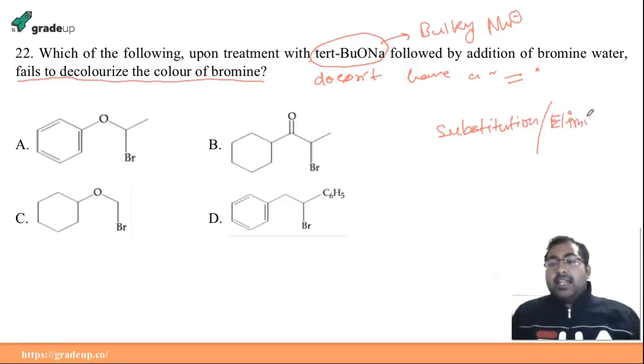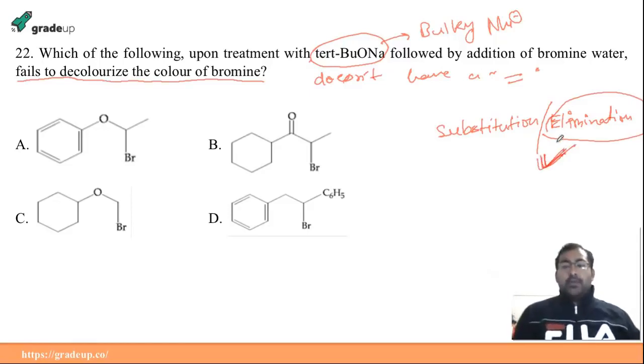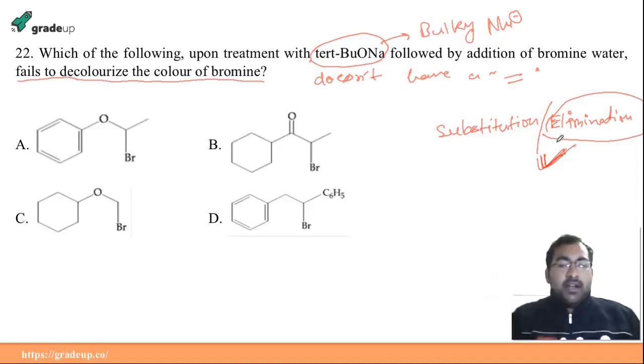There is always a competition between substitution and elimination, and whenever there is a competition, always the elimination reaction will be favored over the substitution reaction, because it's a bulky base. If there isn't a competition, then the substitution reaction will take place.